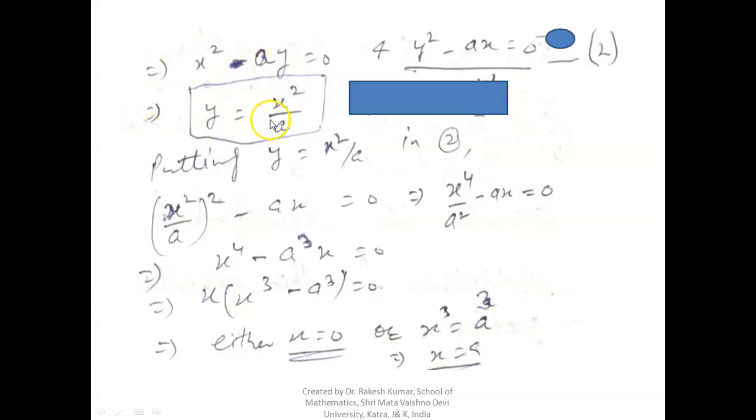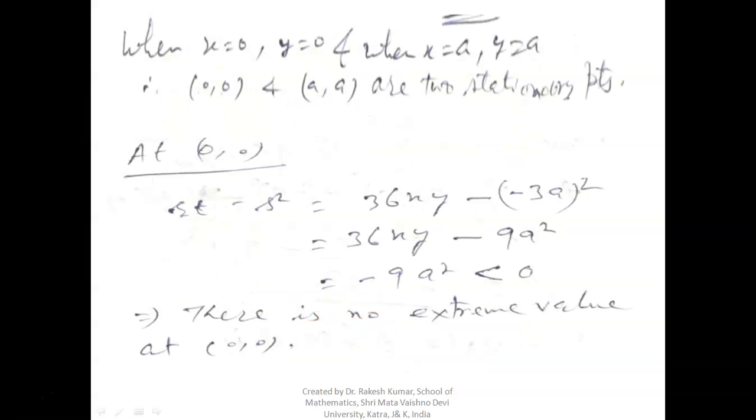Now from the first equation I get y equal to x square upon a, and from the second equation y square minus ax equal to 0. So putting this value in equation number 2 here, I get this, for which either x equal to 0 or x cube equal to a cube, which gives me x equal to a and x equal to 0.